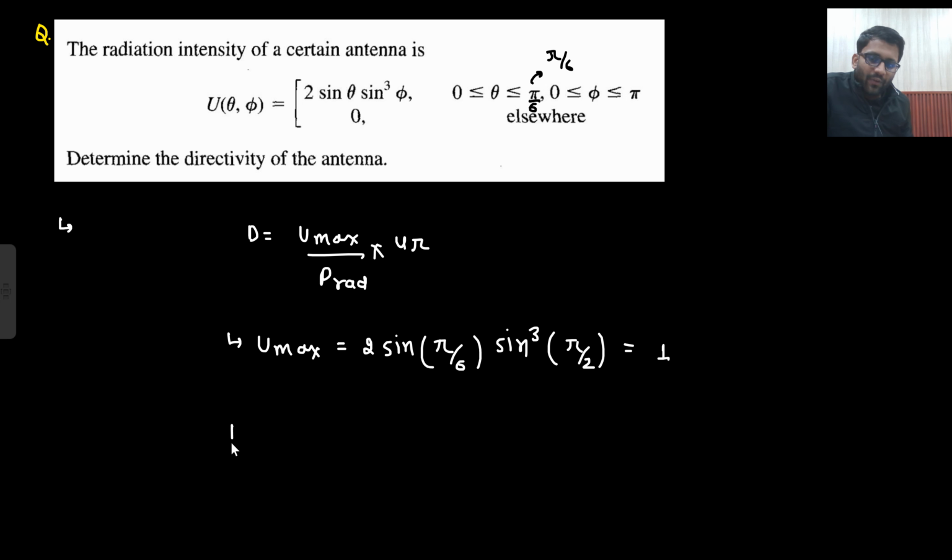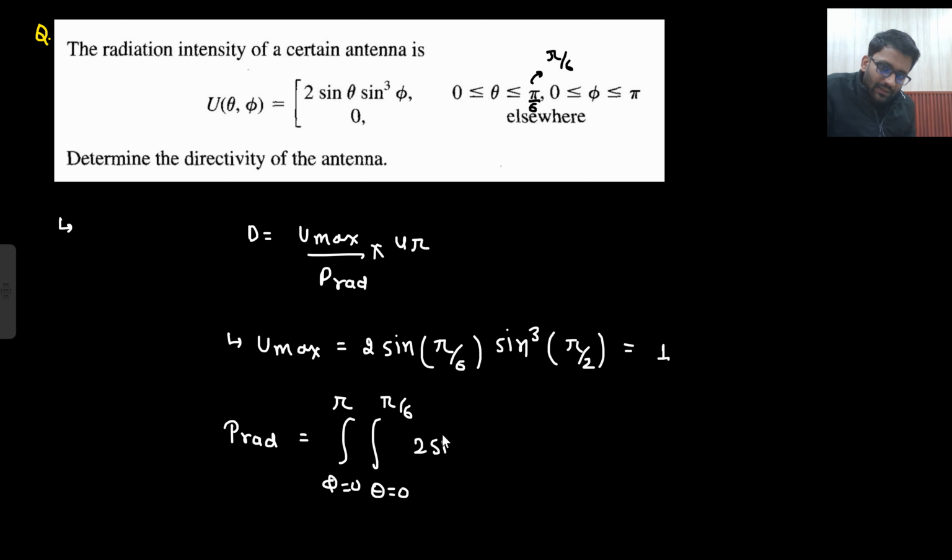Now P radiated I need to find. So what is my P radiated? For P radiated, I will put the limit of theta. Theta is going from 0 to pi by 6, and I will put the limit of phi as well. Phi is going from 0 to pi. And then U theta, that is 2 sine theta, sine cube phi, and then sine theta, d theta, d phi. Right?